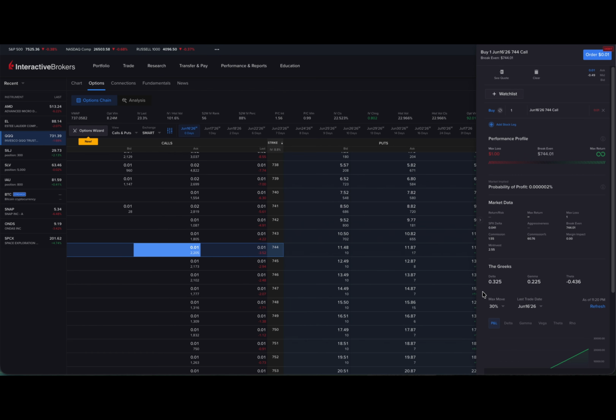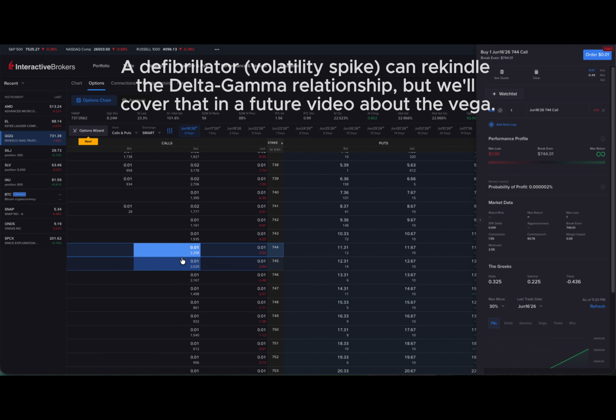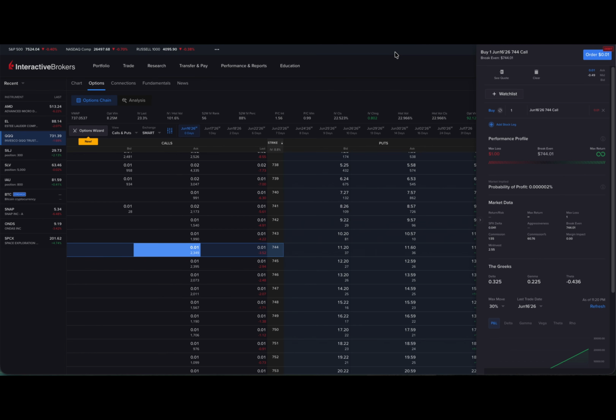So in this case, the relationship between them is almost meaningless. For now, just keep this in mind the next time you are trading options and you consider the relationship between these two option Greeks.